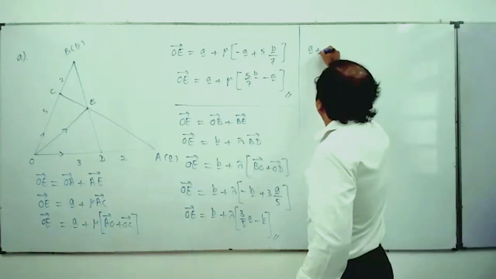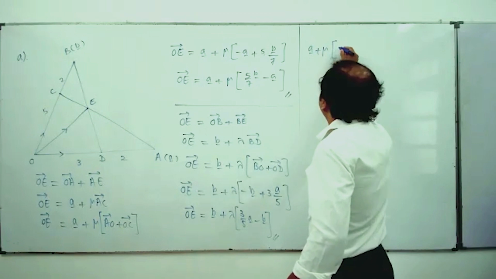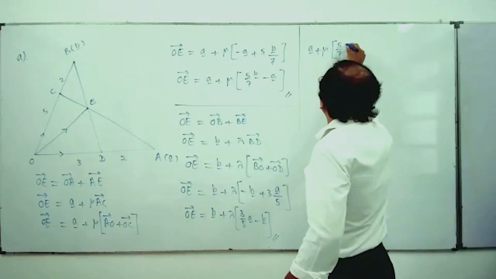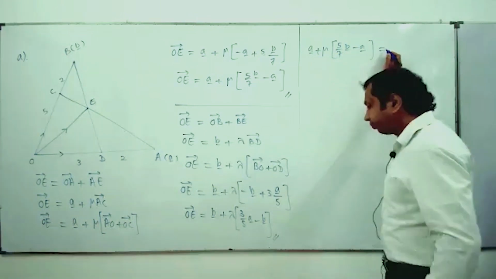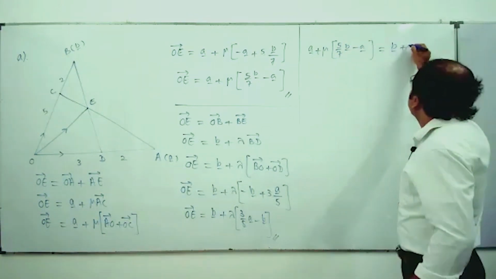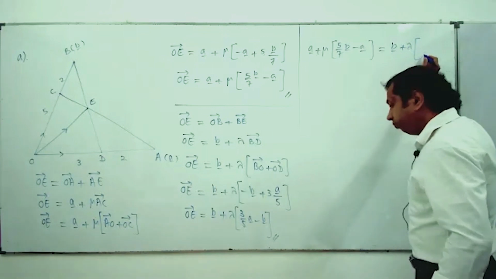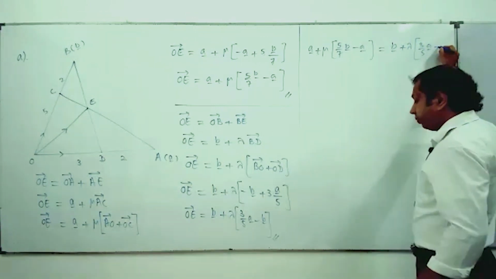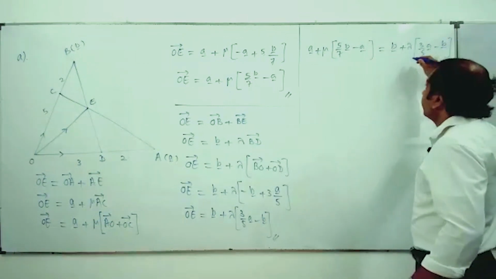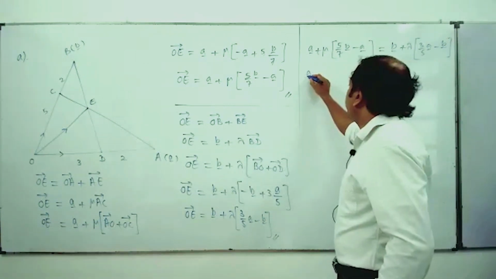Now we can take the next one like this. A plus mu times 5 by 7 B minus A equals B plus lambda times 3 by 5 A minus vector B. Now we can equate the coefficients of A on both sides.